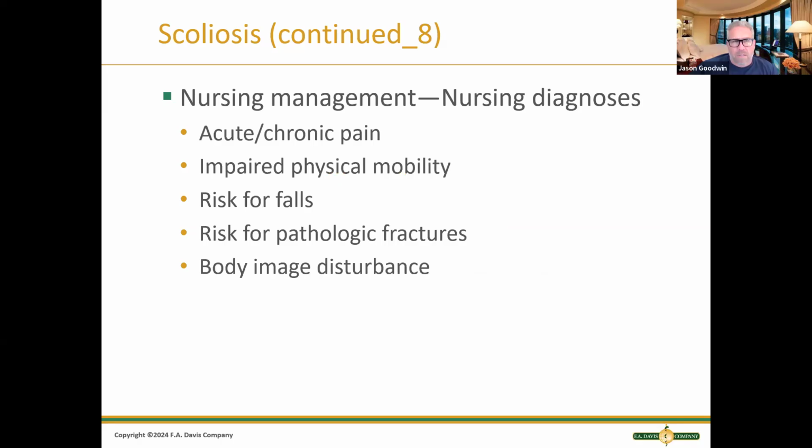So our diagnoses look like acute or chronic pain associated with curvature of the thoracic and/or lumbar column, impaired physical mobility associated with lumbar pain, risk for falls related to impairment of the vertebral column, risk for pathologic fractures associated with destruction of the bony matrix, and body image disturbance associated with change in posture.